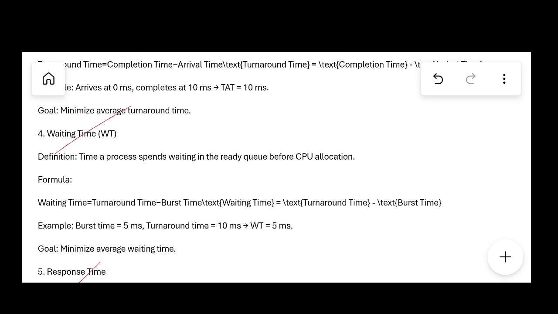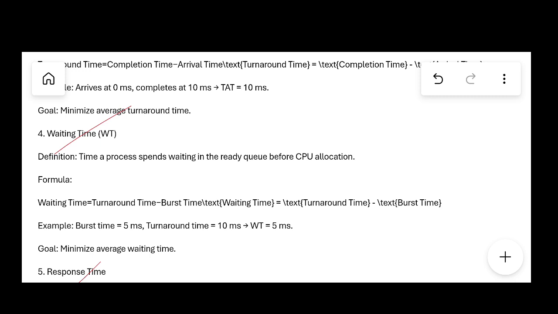Then waiting time, WT. This is the time spent waiting in the ready queue before CPU allocation. The formula is WT equals turnaround time minus burst time. If burst time is 5 milliseconds and TAT is 10 milliseconds, then WT is 5 milliseconds.